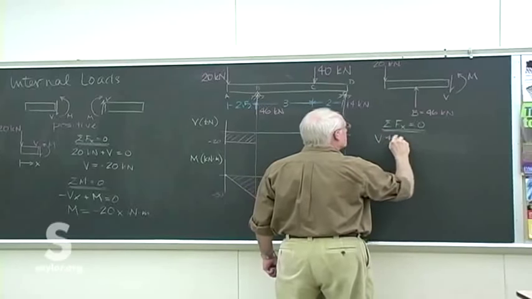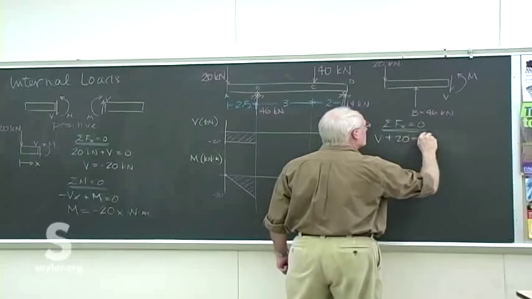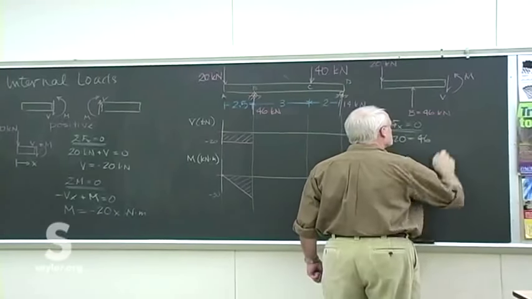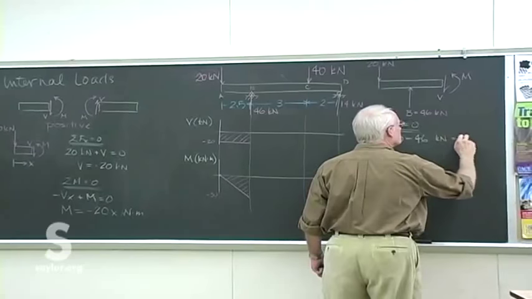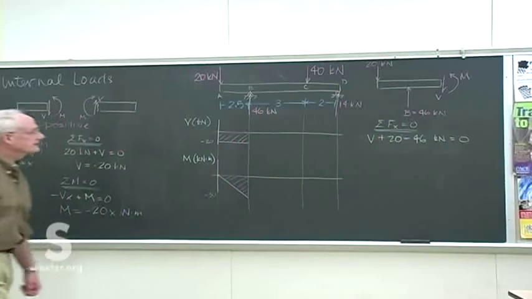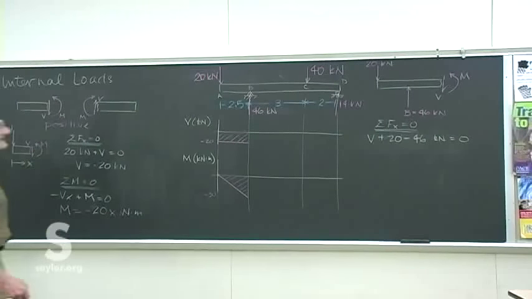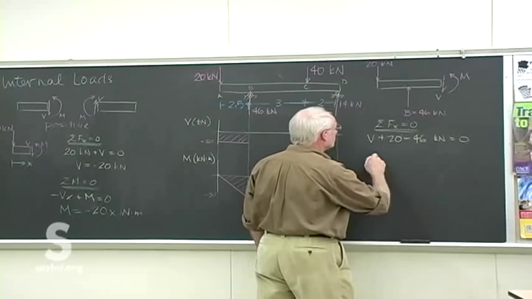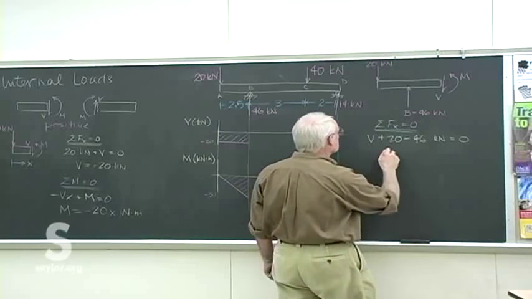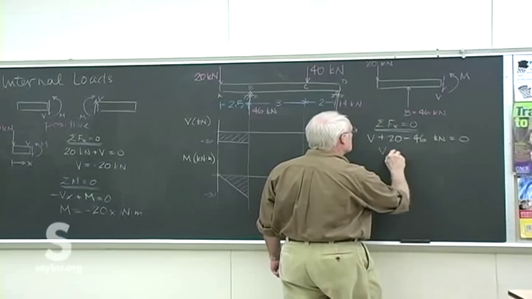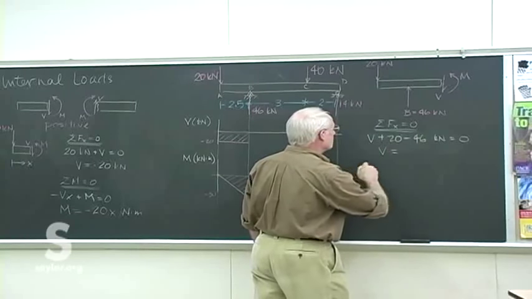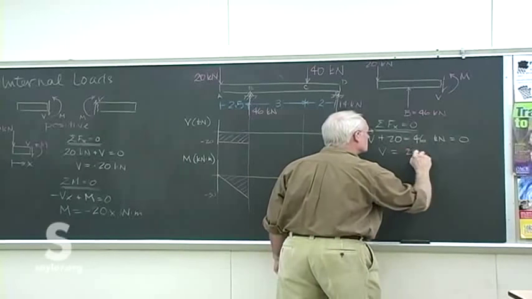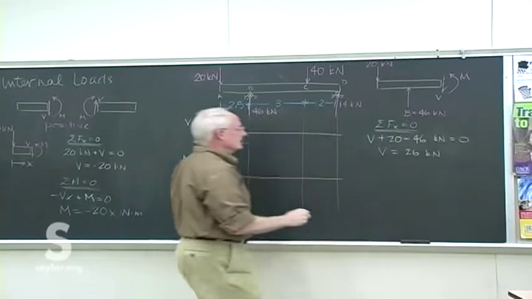The 20's in the same direction, the 46 is in the opposite direction. That's all kilonewtons. Maybe it's better the way we did it before. What we did before is everything up equal and everything down. So V equals minus 46, but it goes over the plus 26 kilonewtons.